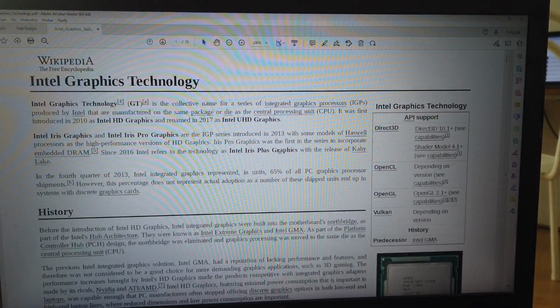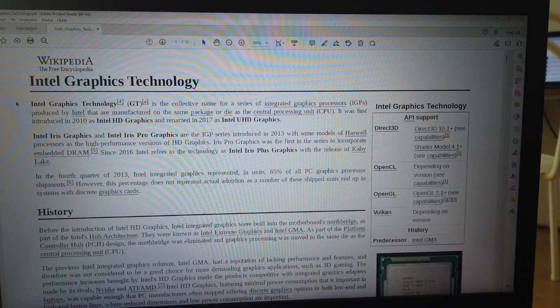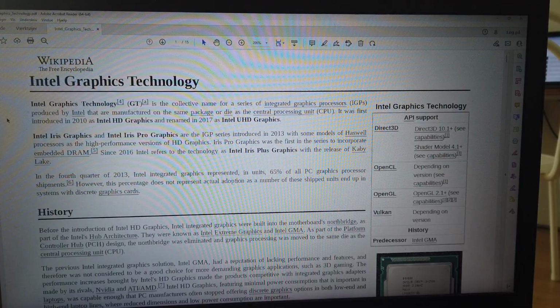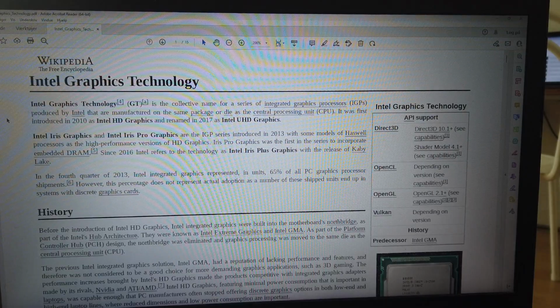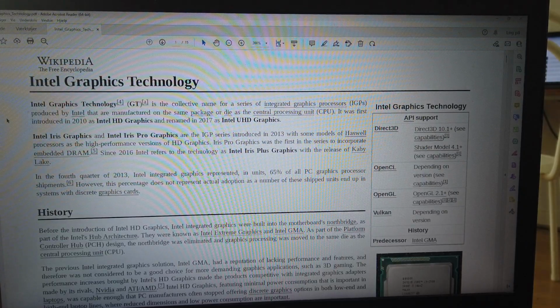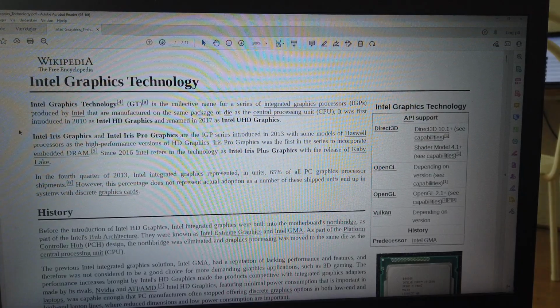Intel Graphics Technology, GT, is the collective name for a series of integrated graphics processors, IGPs, produced by Intel that are manufactured on the same package or die as the central processing unit, CPU. It was first introduced in 2010 as Intel HD Graphics and renamed in 2017 as Intel UHD Graphics.